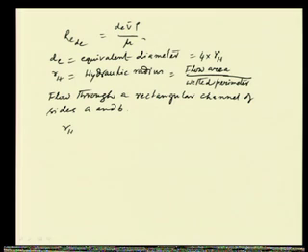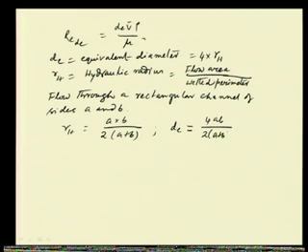RH is equal to flow area, which is A into B, by wetted perimeter, which is 2 into A plus B. Then the equivalent diameter DE will be equal to 4 AB by 2 into A plus B, and that is equal to 2 AB by A plus B.